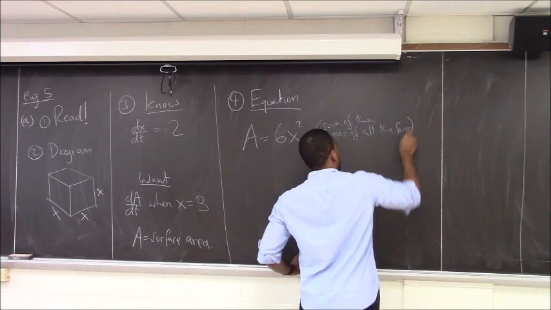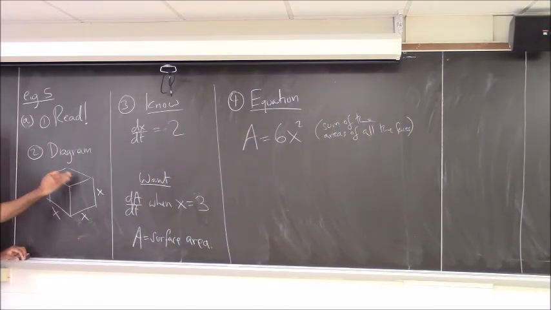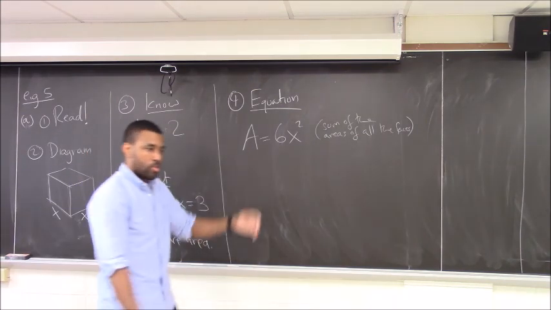It's called the surface area. So you just want the area of all the faces on the outside, but each face is going to be a square of side x. So the area is x times x, which is x squared, but that happens 6 times because there are 6 faces, and so that is the appropriate formula to write down here.